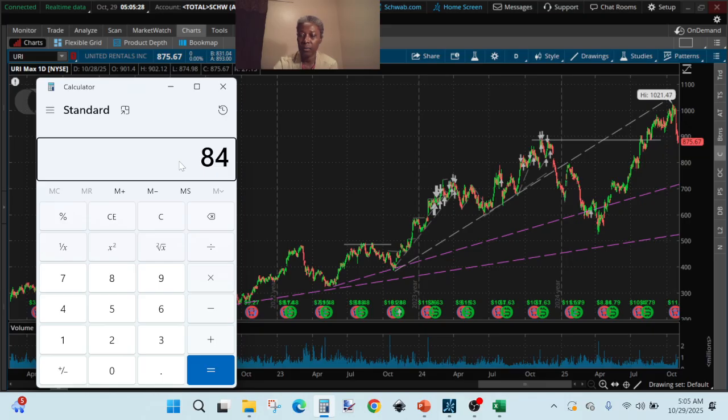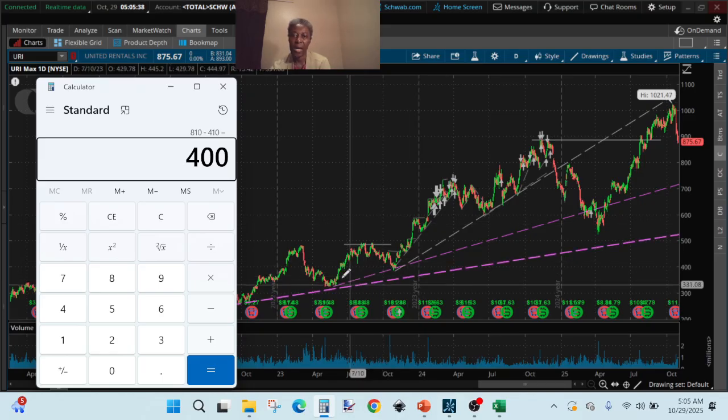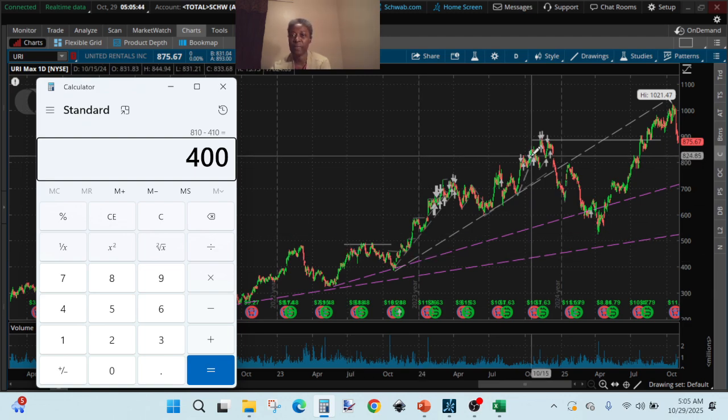So 810 minus 410, you have a $400 profit per share, buying it in July 2023 and selling it around October of 2024.